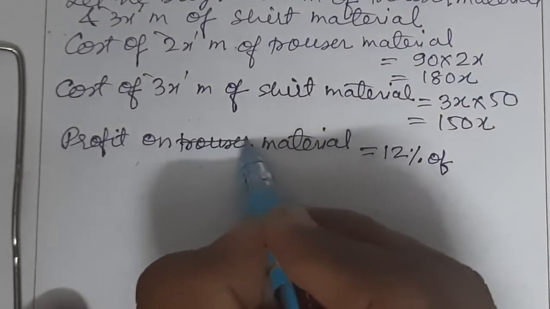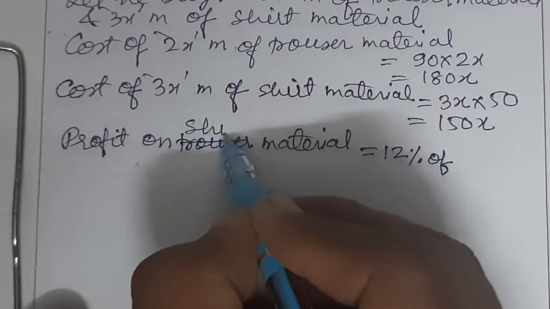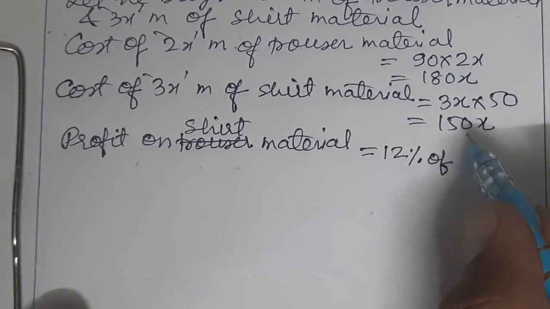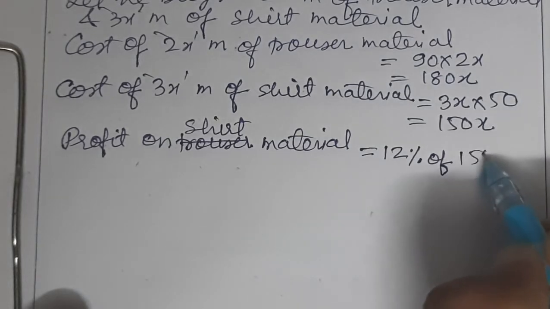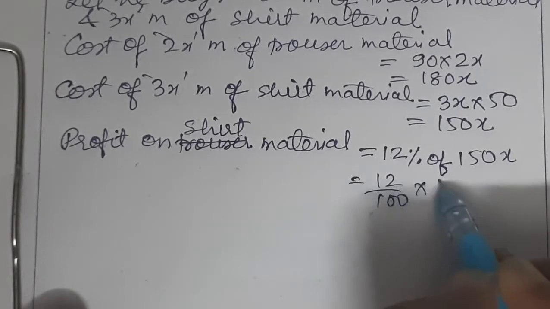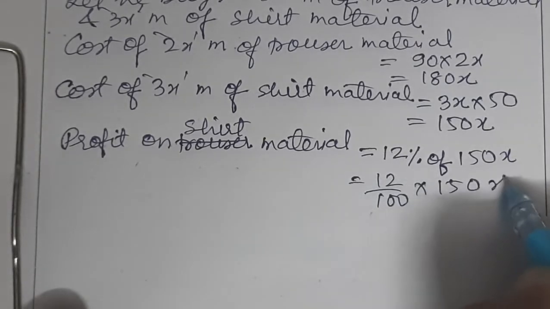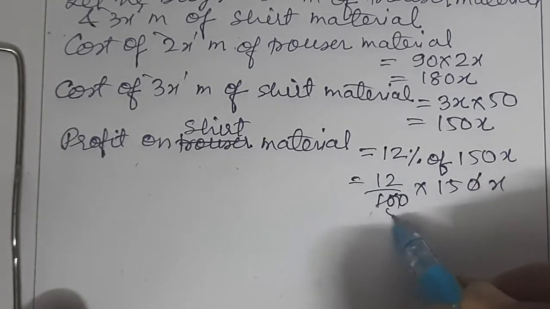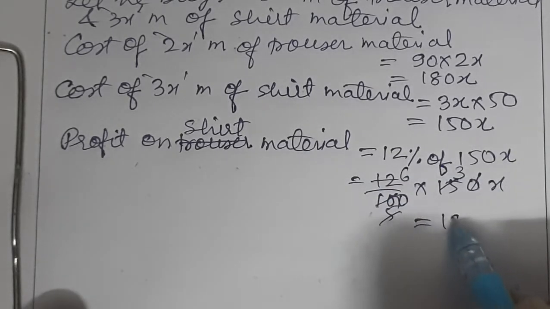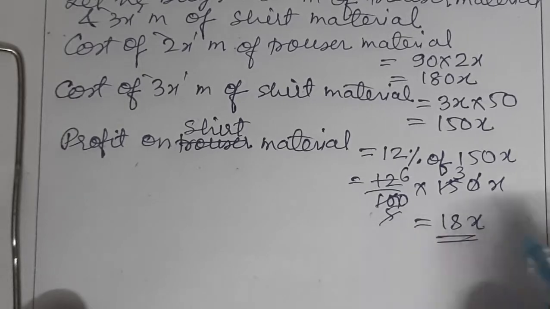So let's write shirt instead. Profit on shirt material, 12% of shirt material 150x. So 150x means 12 by 100 into 150x. 0 cut. 2 5s are 2, 6s are 5, 3s are... means 6 3s are 18x. This is the profit on shirt material.